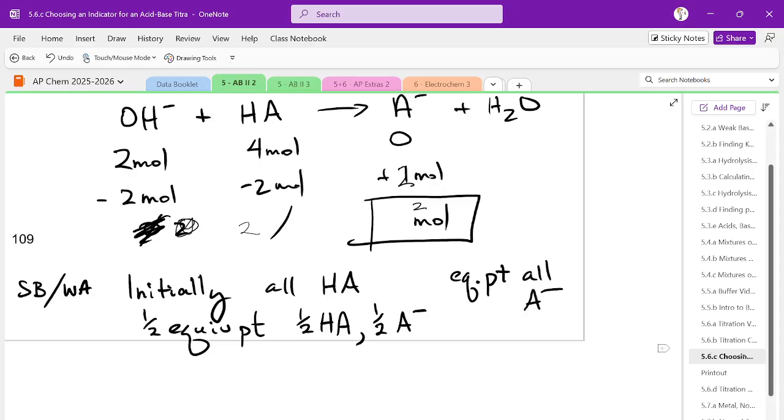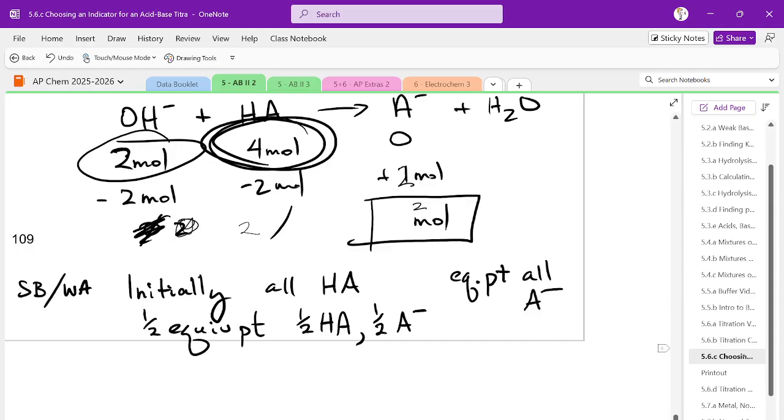Why is it 2 moles at the start? At the half equivalence point, I need to have reacted half of this. So I made the number here 2 because it is half of 4, because they react 1 to 1.